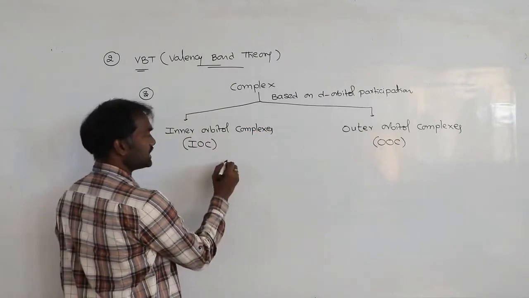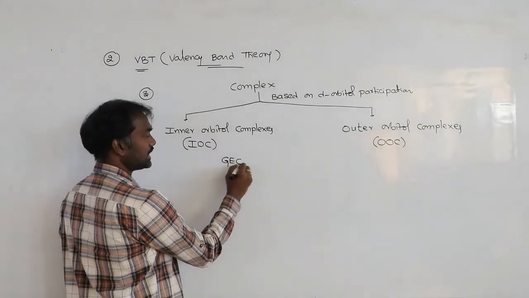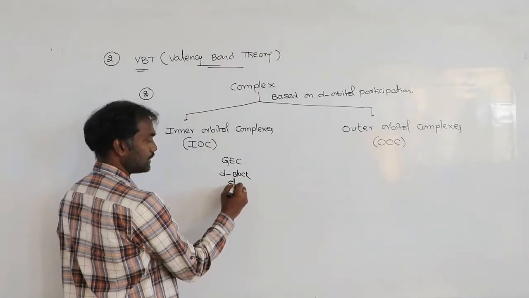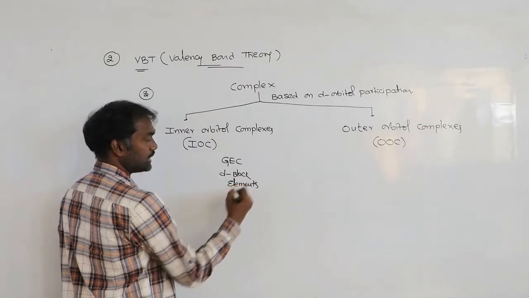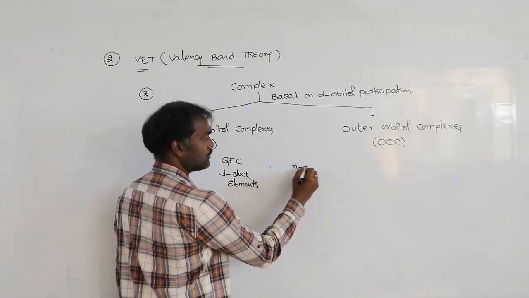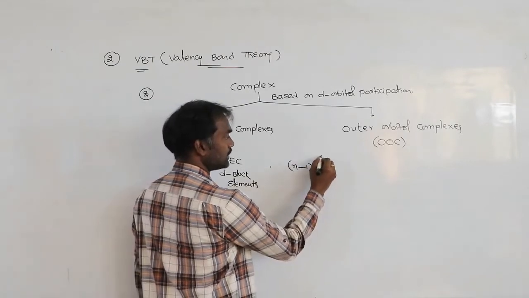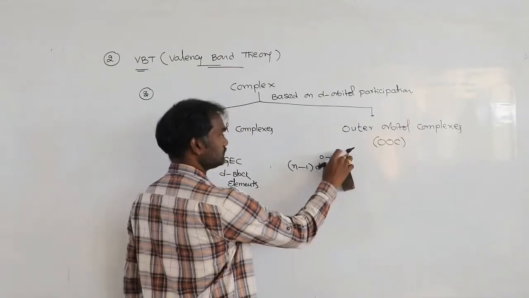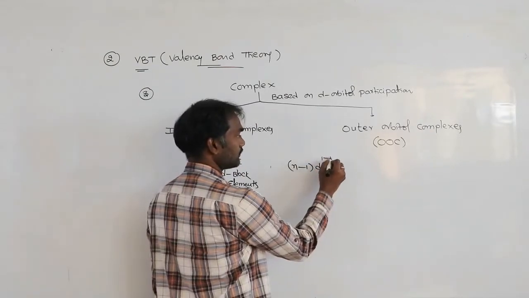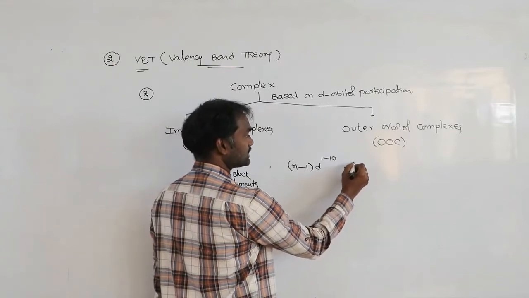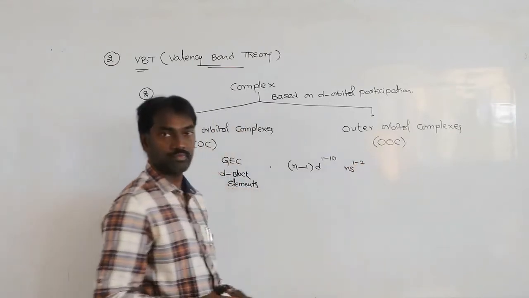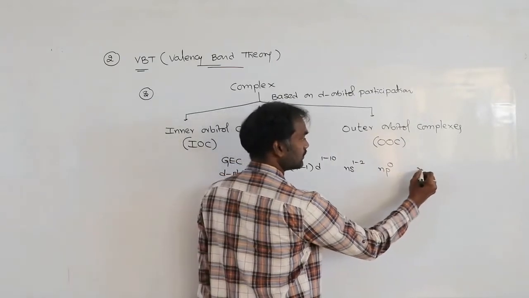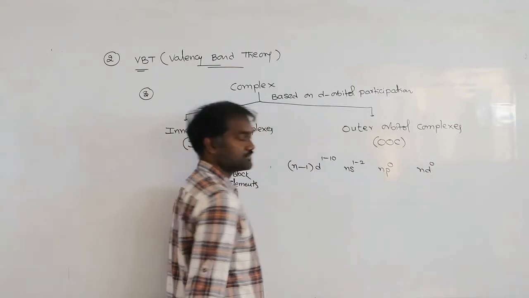If you see the general electronic configuration of d block elements, here it is (n-1)d 0 to 10, next ns 1 to 2, and here np also 0, nd also 0.